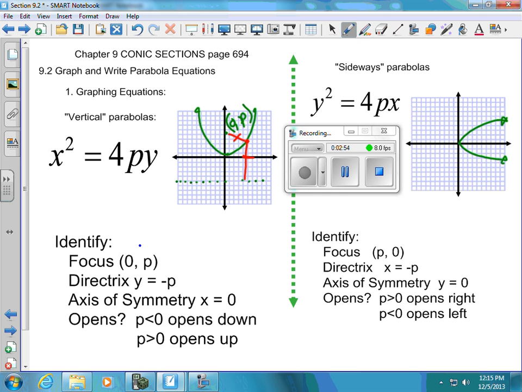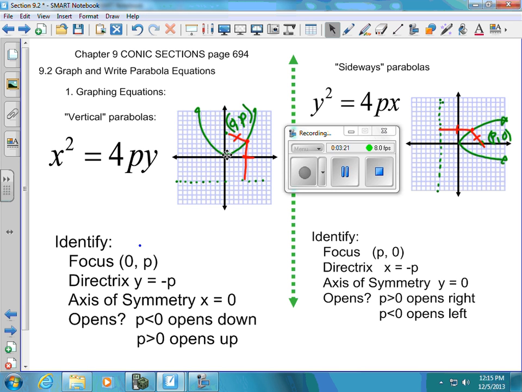So instead of (0, p), it's (p, 0). And our directrix this time is a vertical line. It's equidistant: if I pick a point on my graph, the distances to the directrix line and to the focus point are the same.